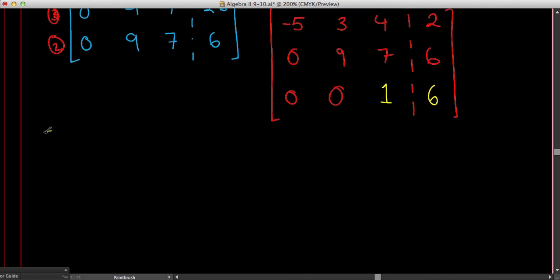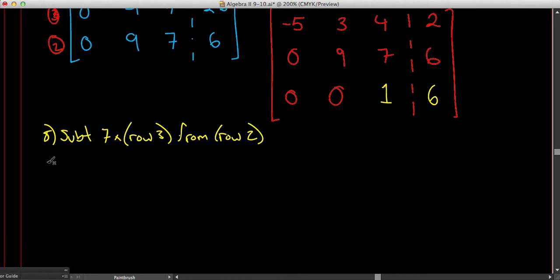So our 8th step will be subtract 7 times row 3 from row 2. And then that's going to eliminate this 7 and then turn this 6 into a negative 36, right? Because it's 42 and then 42 taken away from 6 becomes a negative 36. And then to make this 9 into a 1, we can actually divide the whole row by 9.